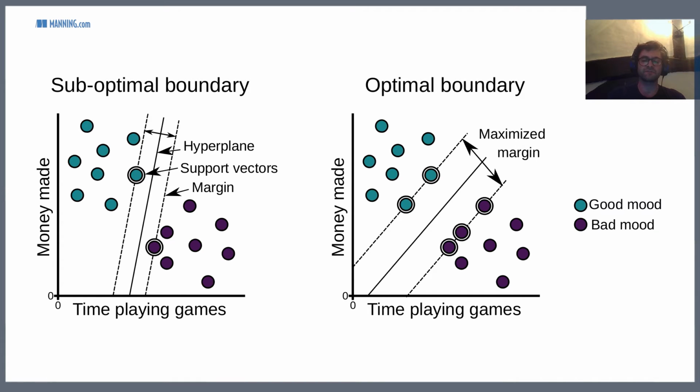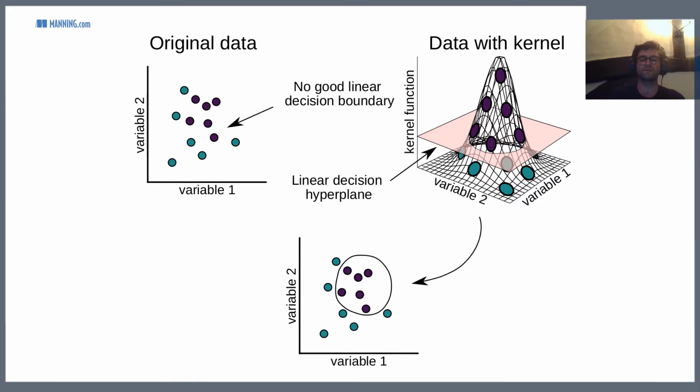But support vector machines are one of a set of techniques called kernel methods. And so support vector machines can actually add an additional dimension to your data, to your feature space, called a kernel function, that helps you to separate your different classes.